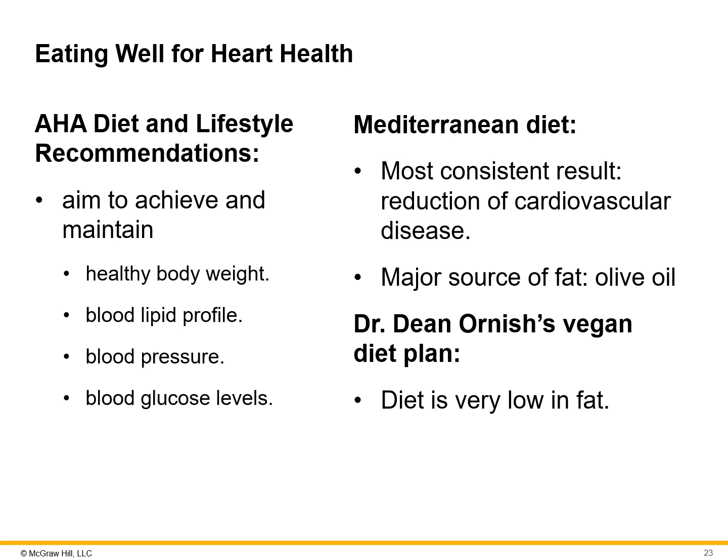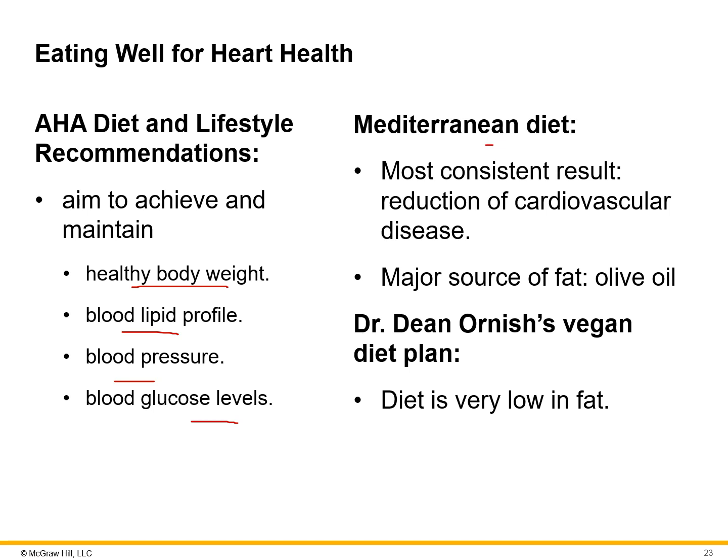So again, eating well for our heart health. The American Heart Association recommends, again, trying to have a healthy body weight, keeping up with our lipid profile, so having blood work done to look at our LDL and HDL levels, monitoring blood pressure as well as glucose levels.